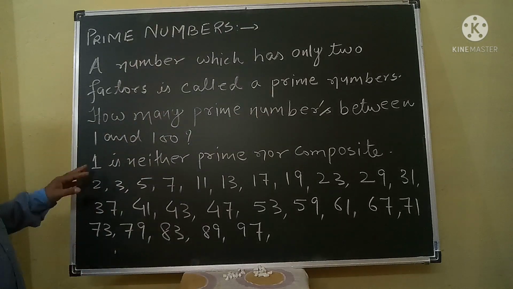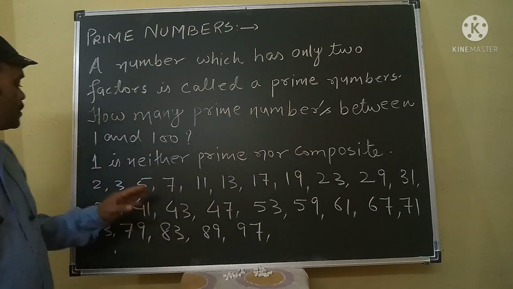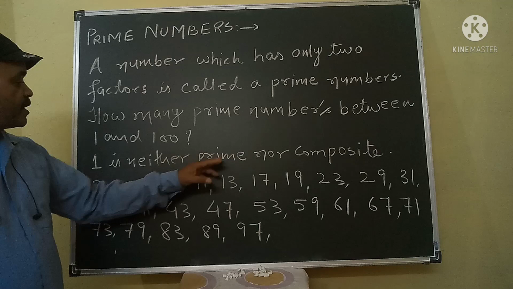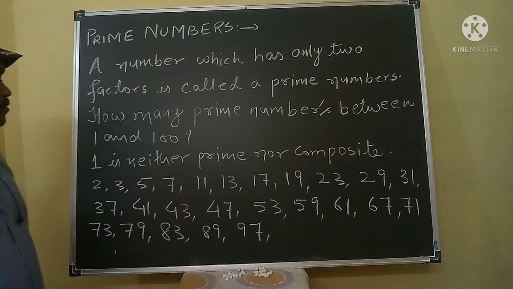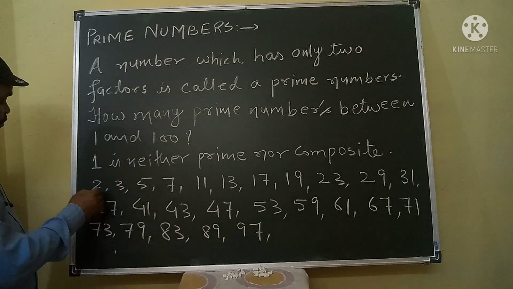Again I will explain. Look here, 1 is neither prime nor composite number. There are many other prime numbers starting from 2.